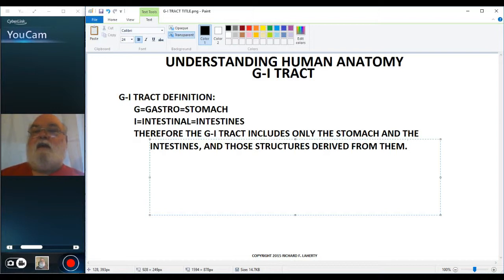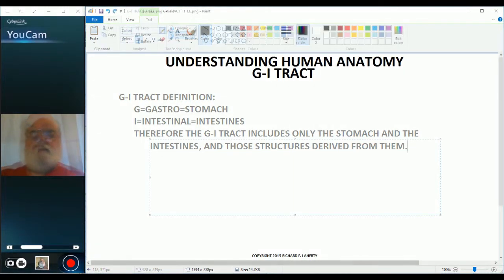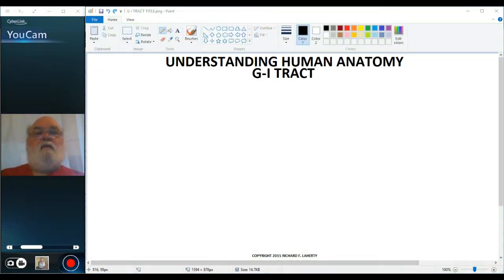So properly they are part of the GI tract. Now let's begin a look at the structures of the GI tract. We'll start by sketching in the stomach. And I'll start with a little tiny bit of esophagus.